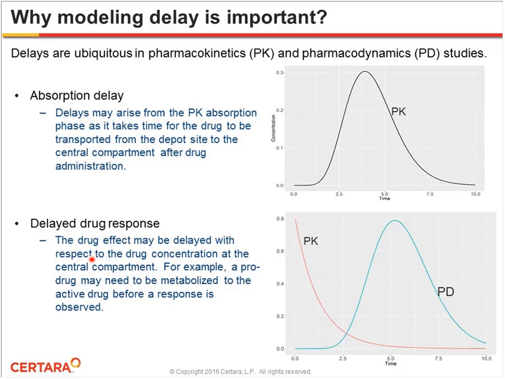And the drug effect may also be delayed with respect to drug concentration at the central compartment, as shown in this figure. For example, a prodrug may need to be metabolized to the active drug before response is observed.